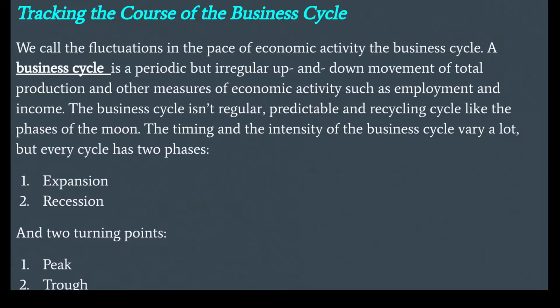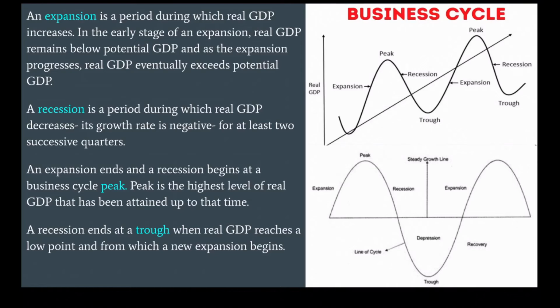The business cycle isn't a regular, predictable, and repeating cycle like the phases of the moon. The timing and the intensity of the business cycle vary a lot, but every cycle has two phases, expansion and recession, and two turning points, peak and trough. This is the picture of a business cycle I have shared with you all.